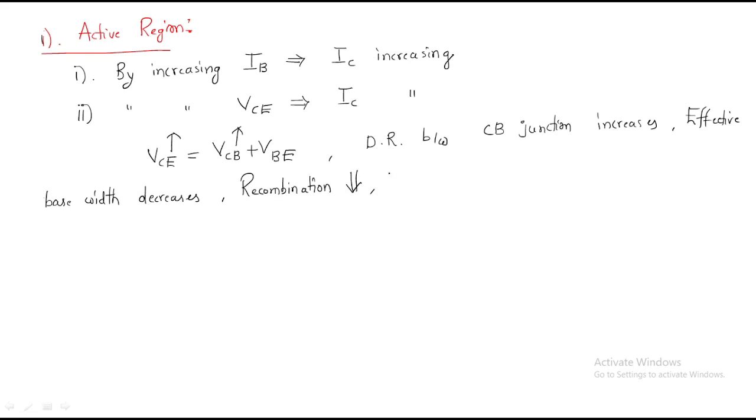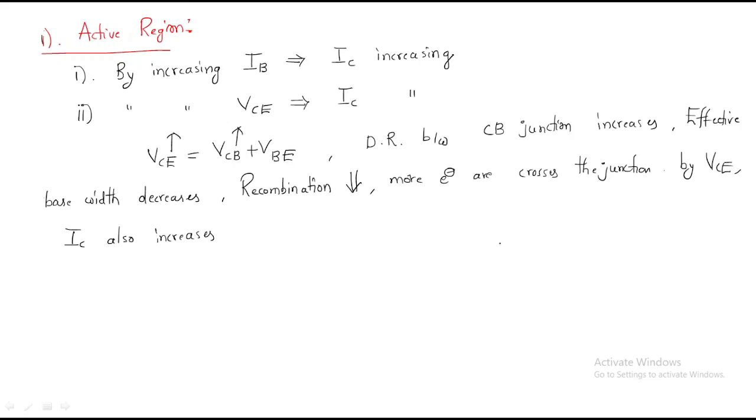So more electrons cross the junction. That's why, by increasing VCE, IC also increases.